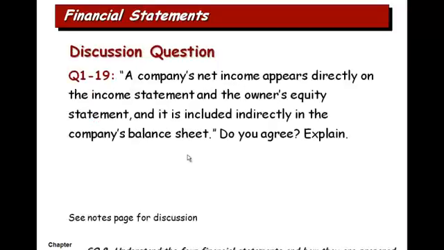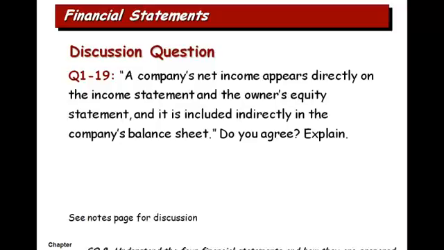Discussion question. The company's net income appears directly on the income statement, which we saw, revenues minus expenses equals net income. So a company's net income appears directly on the income statement and the owner's equity statement, and it is included directly in the company's balance sheet. Do you agree? Let's think about that. So the answer is no. Net income does appear on the income statement, which is a result of subtracting expenses from revenues.